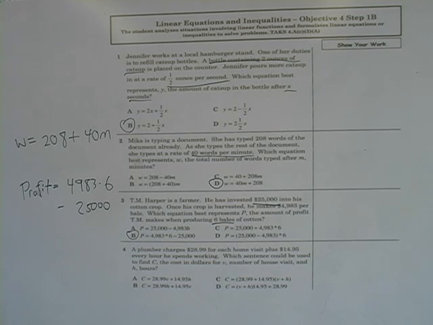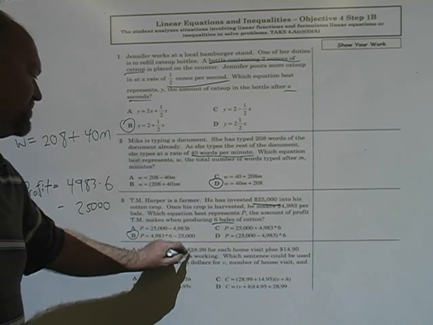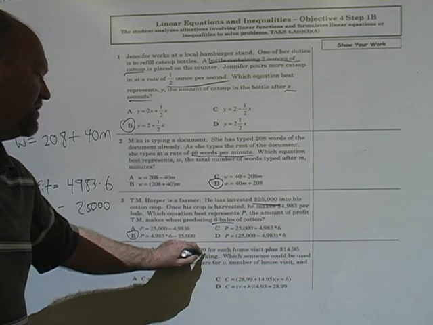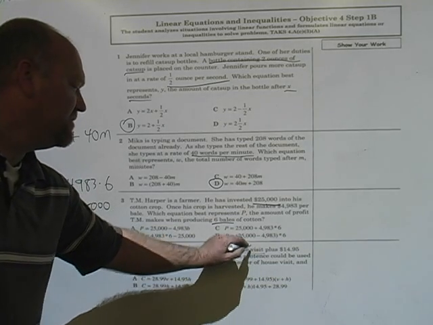Number 4. A plumber charges $28.99 for each home visit plus $14.95 every hour. Which sentence could be used to find C, the cost in dollars, for V, number of house visits, and H, hours? Okay. It's $28.99 for each visit.